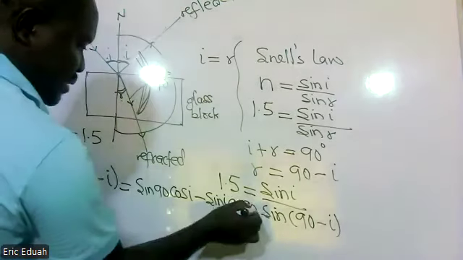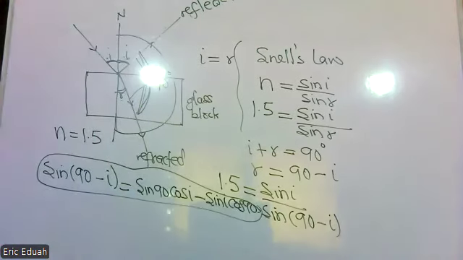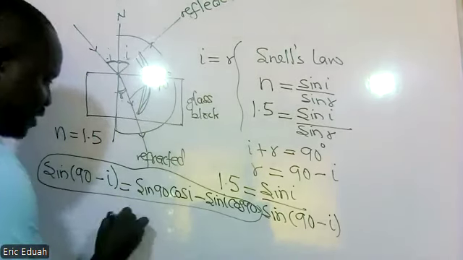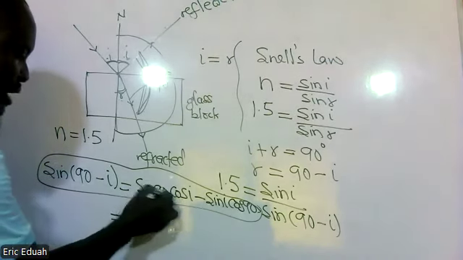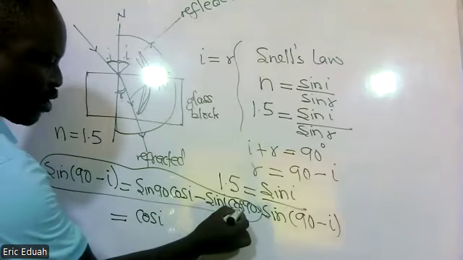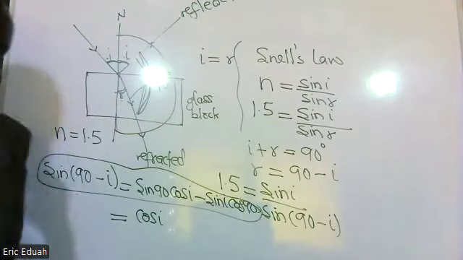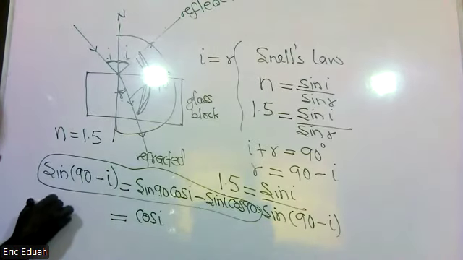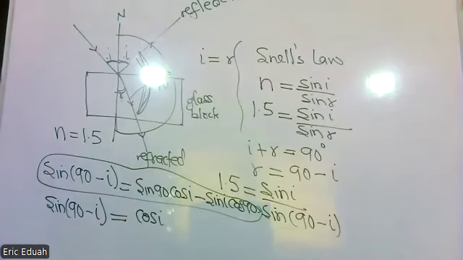This will be the expansion of this here. Now, when you further expand this, sine 90 is 1. So 1 times cos I is cos I. Cos 90 is 0. 0 times sine I is 0. So it means that sine of 90 minus I is equal to cos I.